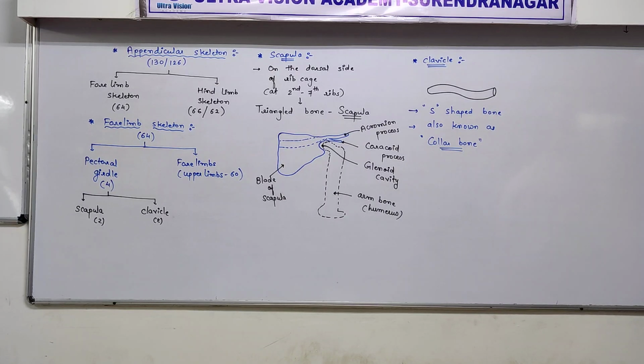Here, S shape like this. Here the curvature is backward and here forward.